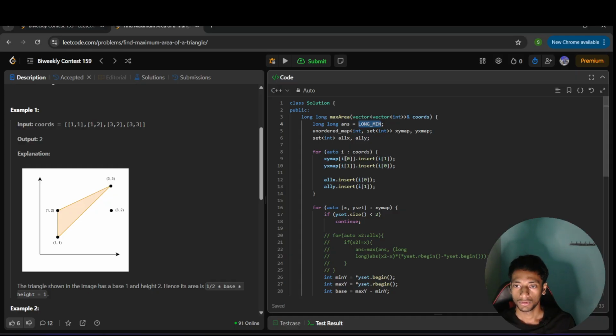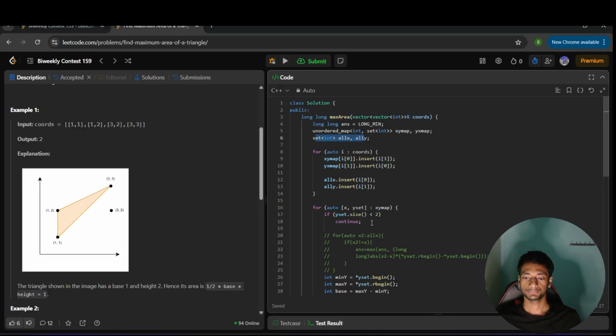I need one map for parallel to the x-axis: for a particular x value, I need to know how many y values are present. Similarly, when generating a triangle parallel to the x-axis, we need to know for a particular y value what x values are present. So the key will be an int and the values are a set of integers. This is the xy map and this is the yx map. In the xy map, the key is the x value, and the value is the set of y values present at that same x position.